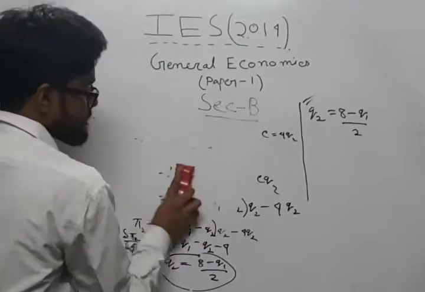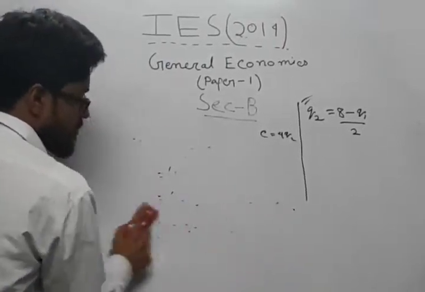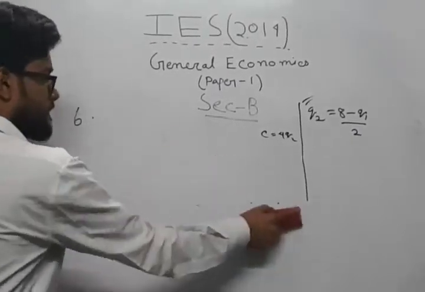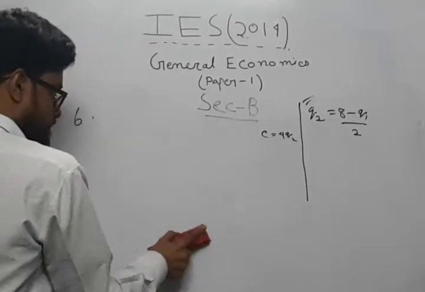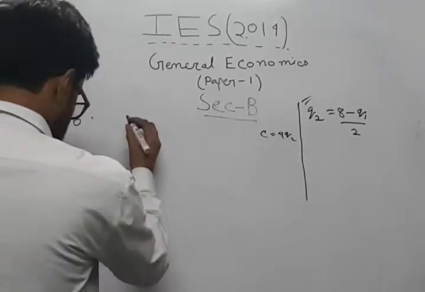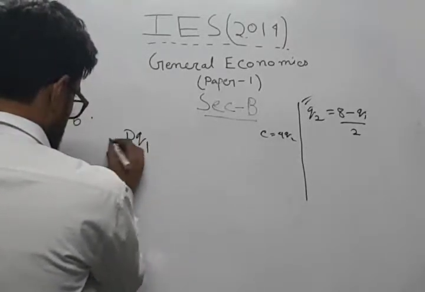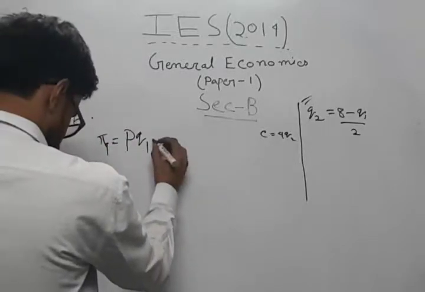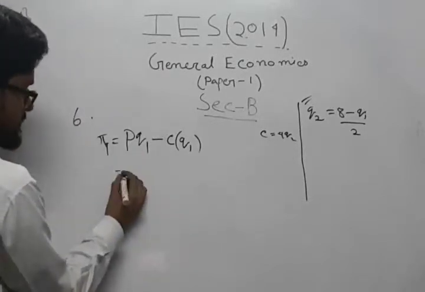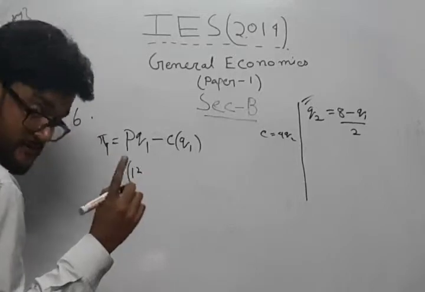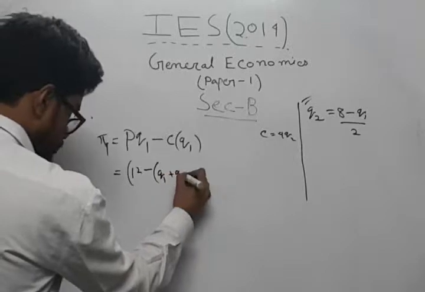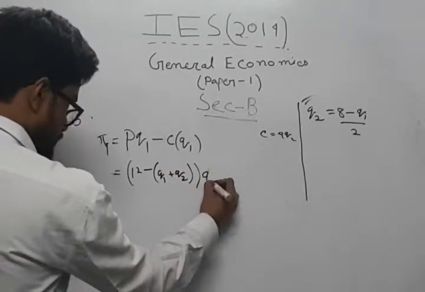Here we have to write down the profit function of firm 1, which will be like this: PQ1 minus CQ1. Now P is given by 12 minus (Q1 plus Q2), times this Q1, minus CQ1.